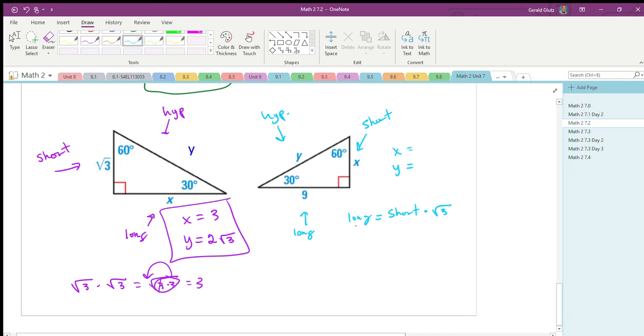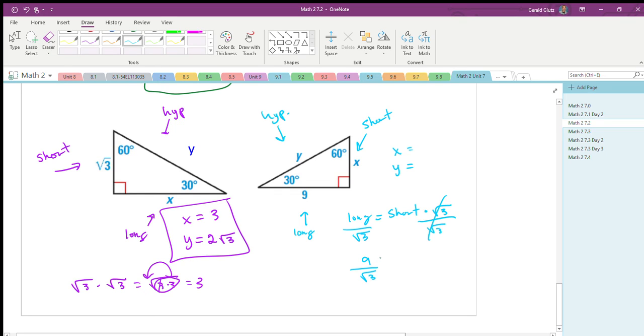But I already know the long leg, I'm trying to find the short leg. So if I solve for the short leg, I divide both sides by square root of 3. The short leg equals the long leg divided by square root of 3. So if the long leg is 9, I'm going to divide that by the square root of 3.